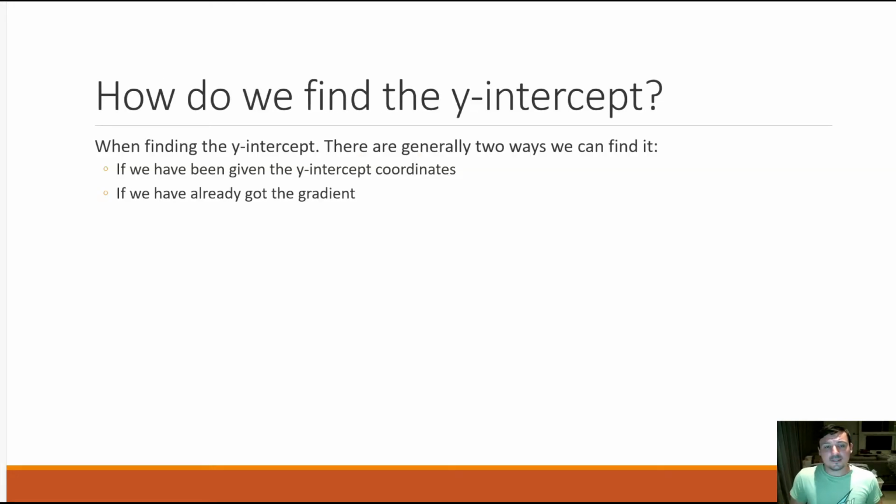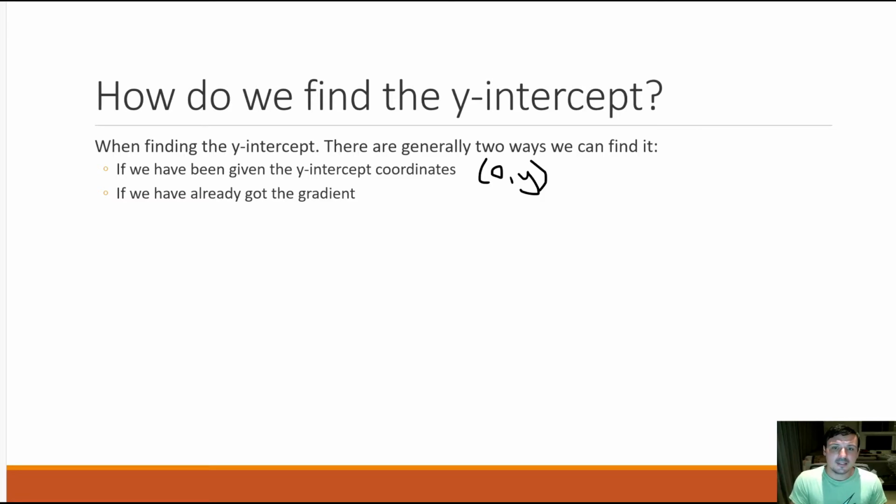So how do we find the y-intercept? Well, generally there are two ways we can find it. If we've been given the y-intercept coordinates, so that can either be on the graph so we can visually see where it passes through the y-axis, or if I've been given a coordinate in the form, say, 0, y, in that case we know that that is where the y-intercept is going to be.